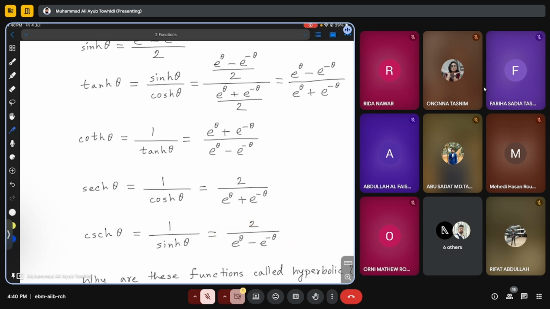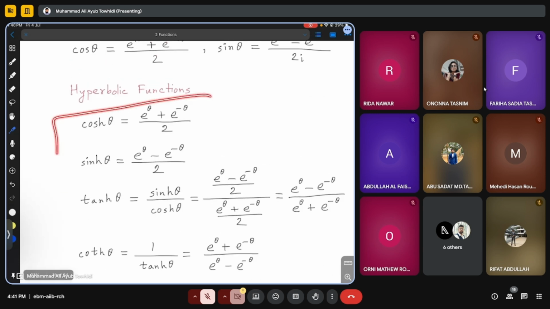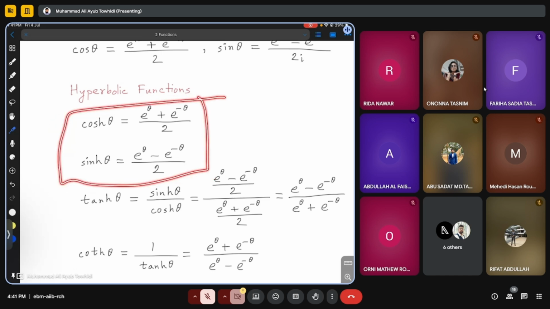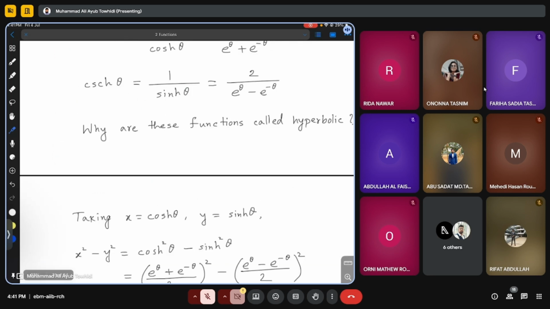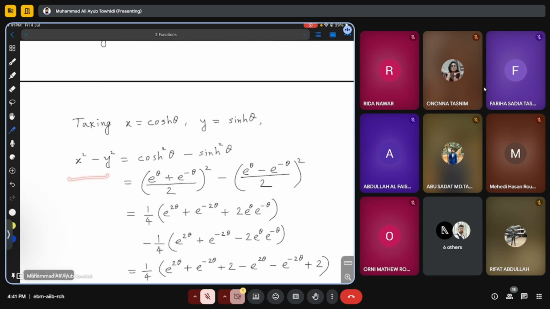Now, why are these called hyperbolic? Just look at these two. Take this one as x, this one as y. Then find x squared minus y squared. So cosh squared theta minus sinh squared theta. Put the value.